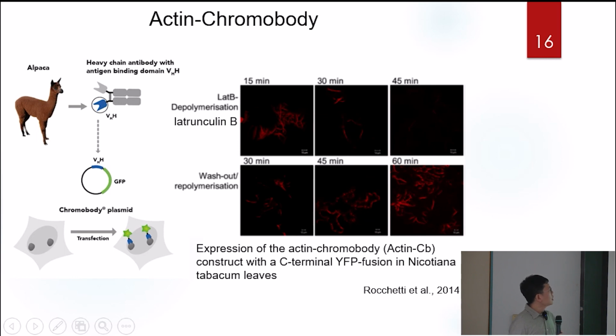So you can take the variable region of a heavy chain and fuse it with a fluorescent protein. This can recognize actin, or you can design the antibody to recognize different targets. If it is specific for actin, then you can visualize actin.